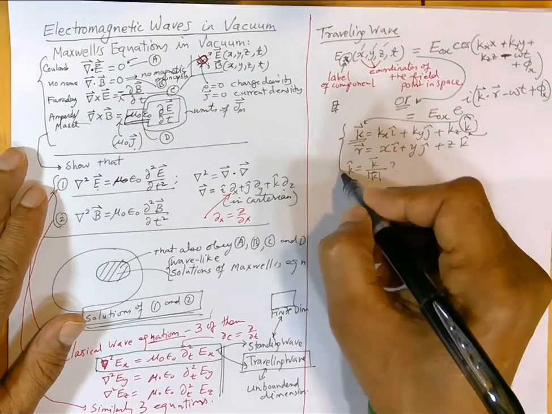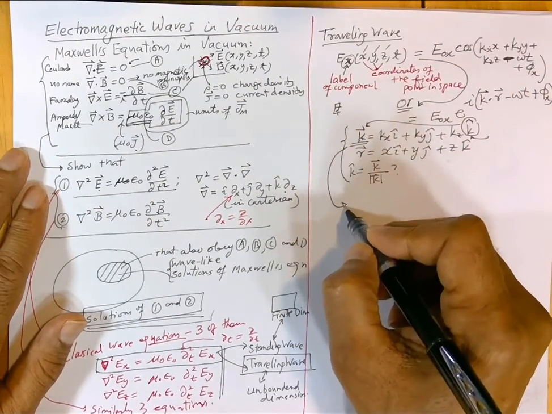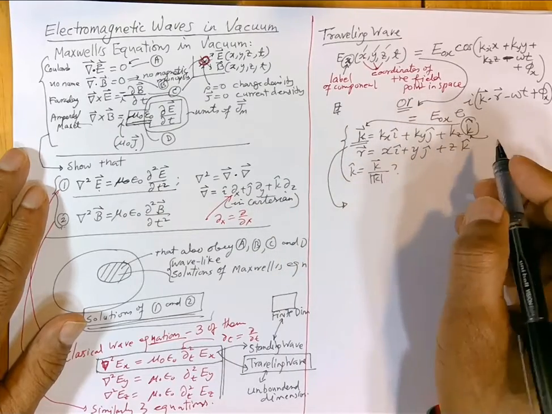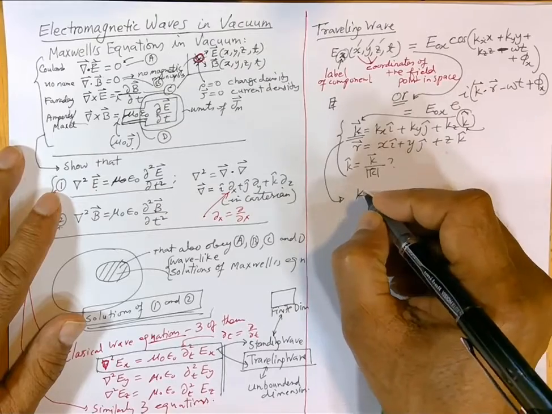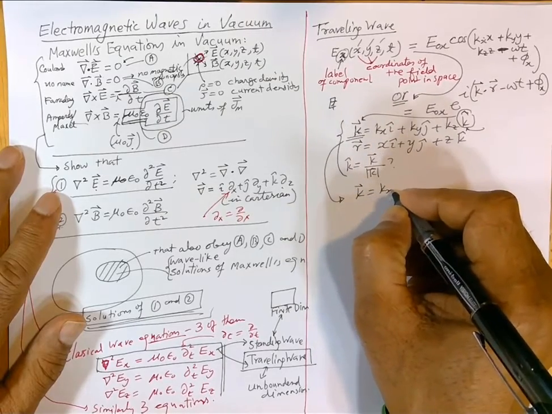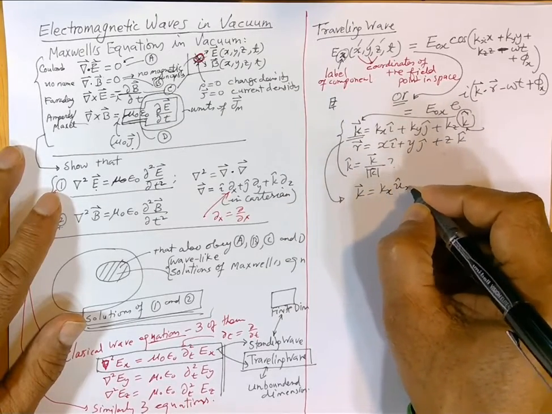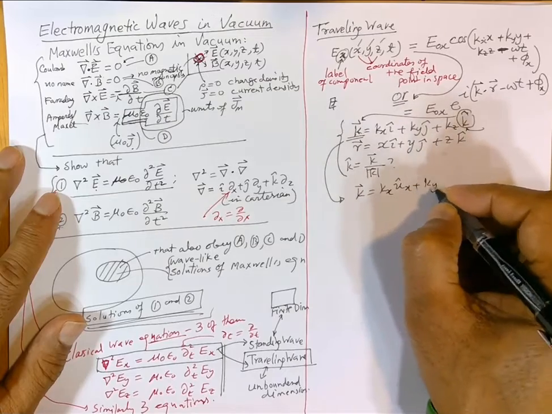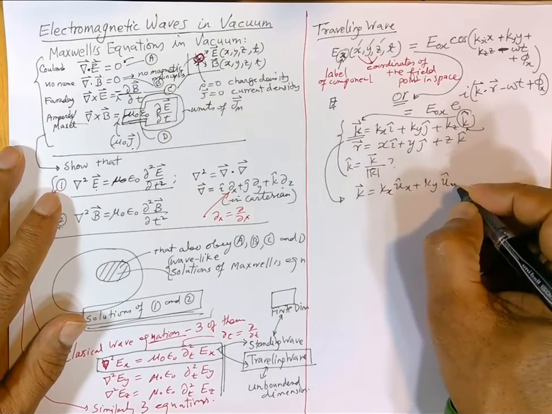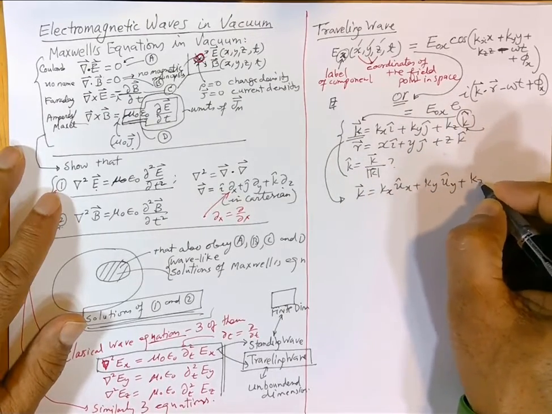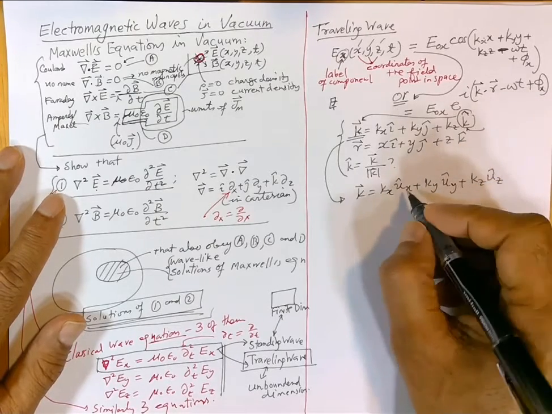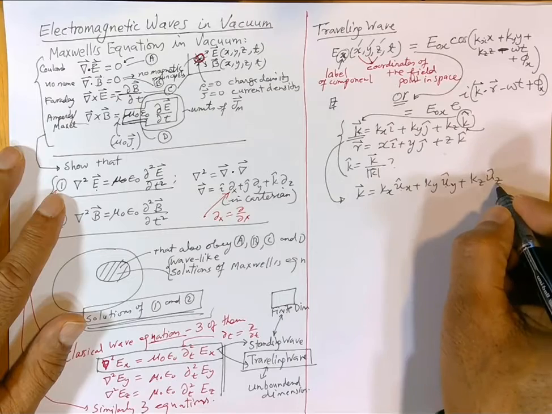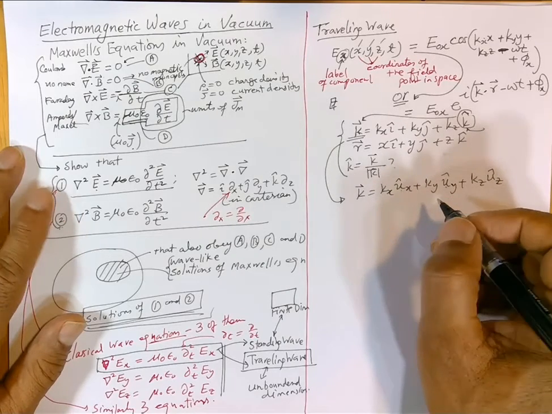So often when people write this, instead of using i hat, j hat, k hat, they end up using kx u hat x plus ky u hat y plus kz u hat z. So this is just i hat, this j hat, this k hat. This is too much writing, right?